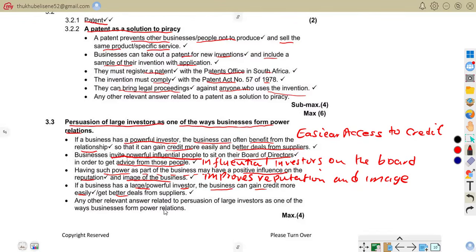Here we are talking about better deals from suppliers. It means suppliers offer discounts due to the business's strong backing. Any relevant answer related to persuasion of large investors as one of the ways business form power relations is accepted.